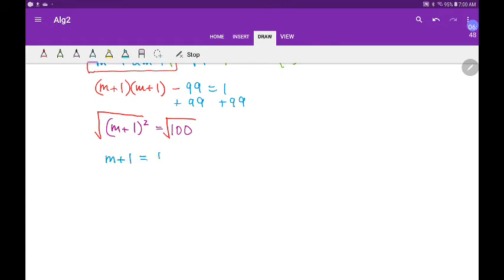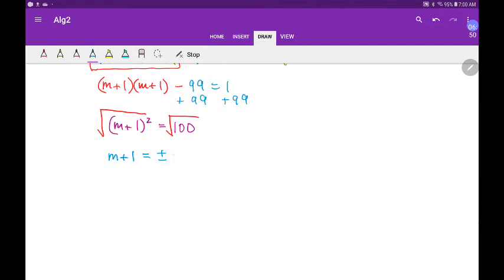And then I have plus or minus. What is the square root of 100? Well, it's 10. 10 times 10 is 100. So then I come over here and I say, well, let's see. I'm going to subtract 1 to get the m by itself. So I'm going to have m is equal to this negative 1 that I just moved, that one right there. I write that first. And then I say plus or minus the 10. Okay, so m is equal to, well, when I add the 10, negative 1 plus 10, that's a 9.